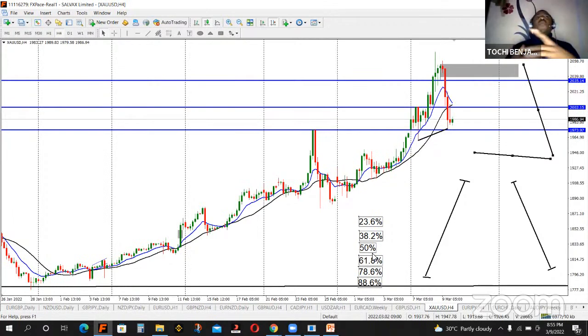Imagine the number of buyers gathered from 38.2, the 50% retracement level, 61.8, 78.6, 88.6. If it has gathered all these persons, the market now has potential. It has gathered enough momentum to trigger the buy.